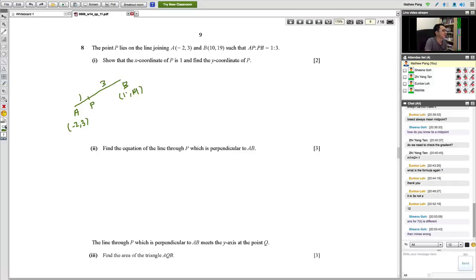Okay, this is a ratio, right? So in SPM, the ratio, they will call it M and N. And then they will come out a formula something like this. M multiple x1 plus N multiple x2 over M plus N, and then comma, M multiple y1 plus N multiple y2 over M plus N. Then you can get the coordinate in the middle, which is x and y.